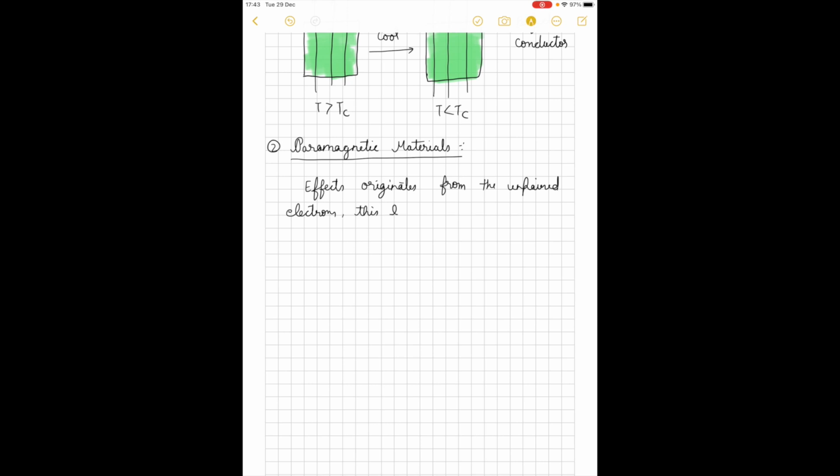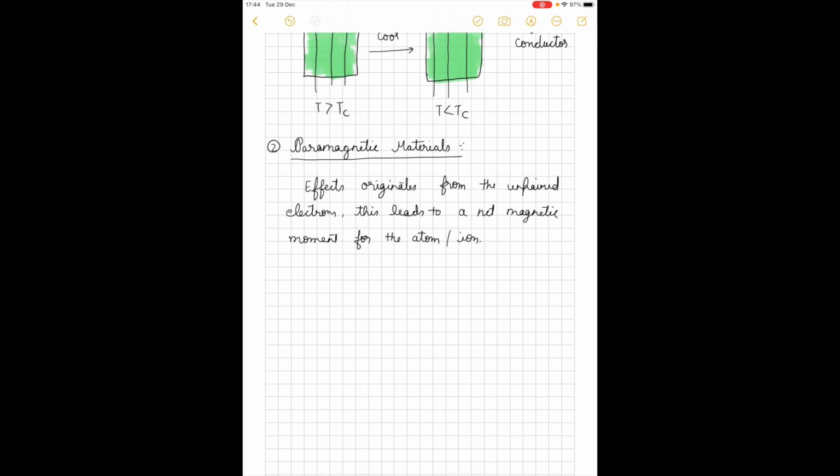And this leads to a net magnetic moment for the atom or ion, whichever we are discussing. Okay, so the atom or ion is known as, let's say, a paramagnetic atom or a paramagnetic ion.